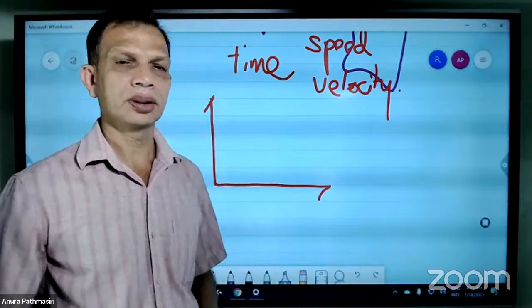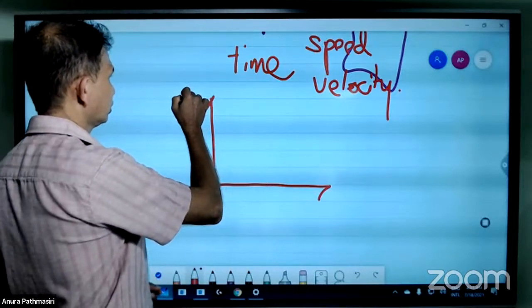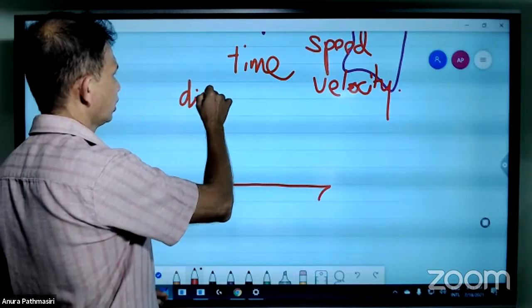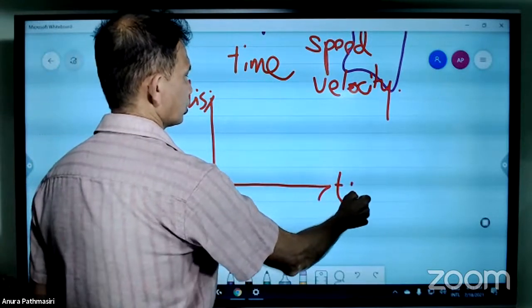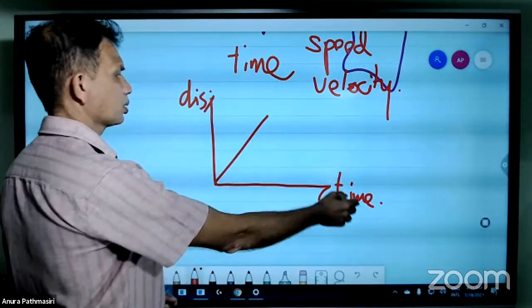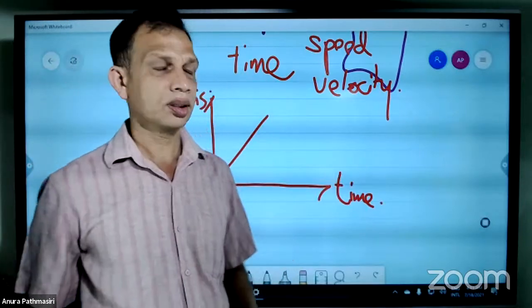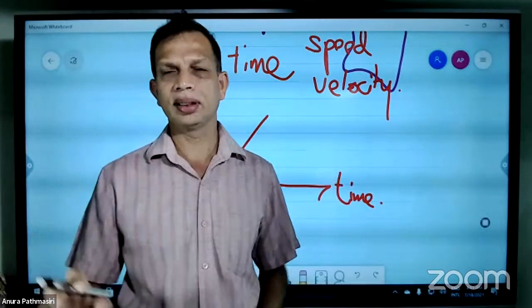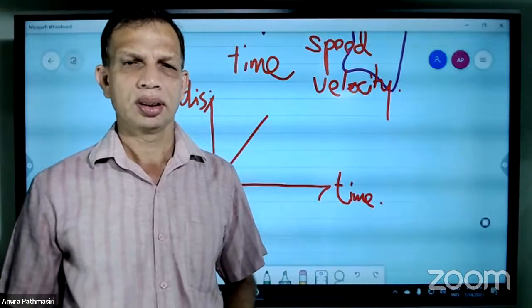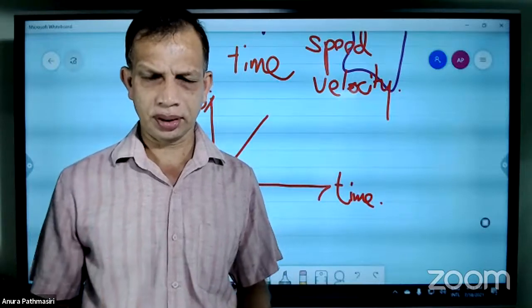So you can have distance here, and then the time. We are going to see what relationship there is between distance and time, and how to read and understand the idea given by the graph. Those are the things we want to discuss in this unit.